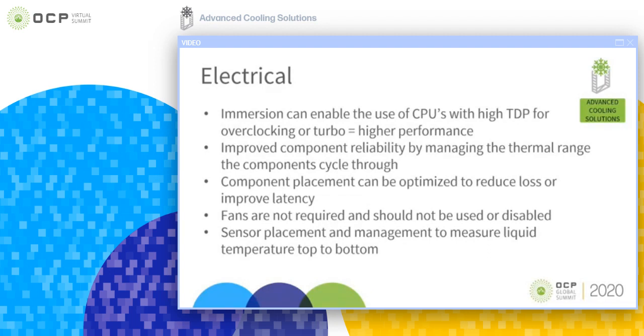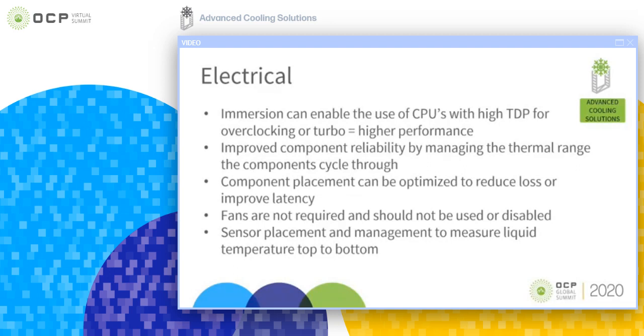The point there is that in a lot of designs today, component placement is somewhat dictated by thermal management. So if that requirement goes away, for lack of better terms, because you're immersing the components into liquid cooling, then you're able to optimize the performance by coupling components closer together, and in some cases reduce the latency that you might see.